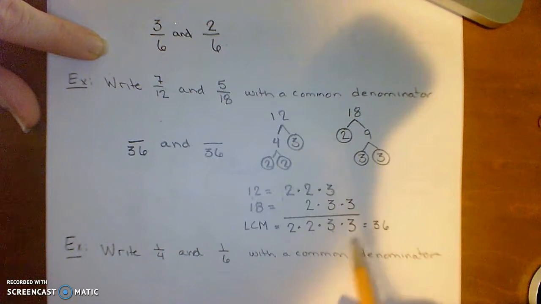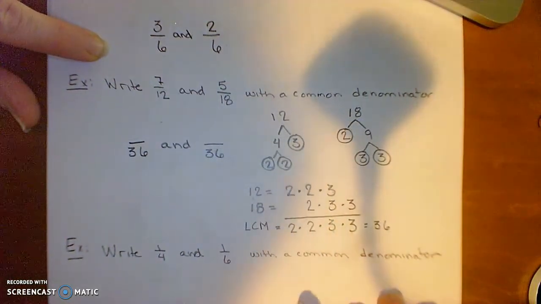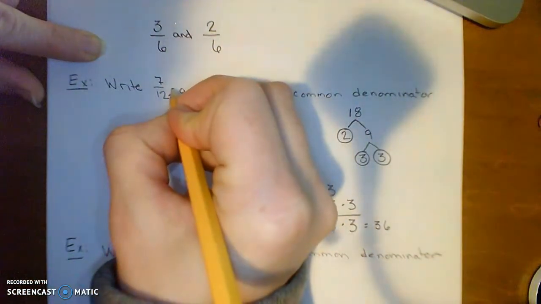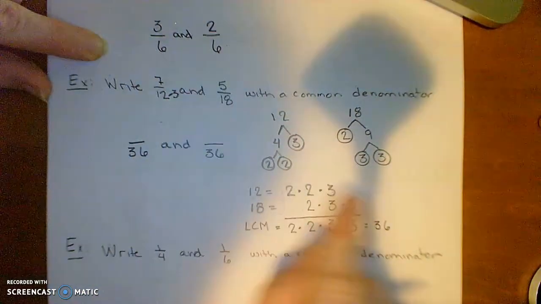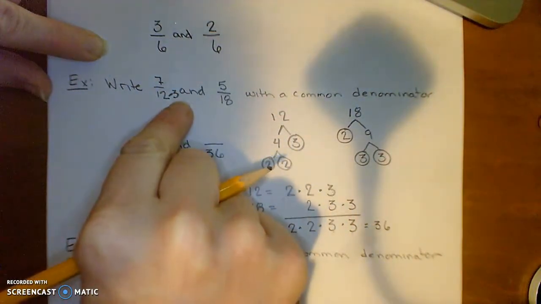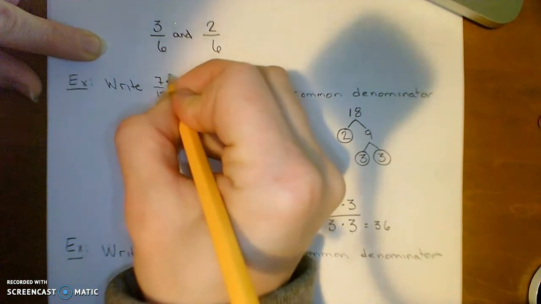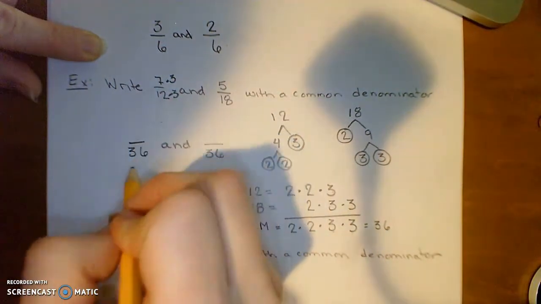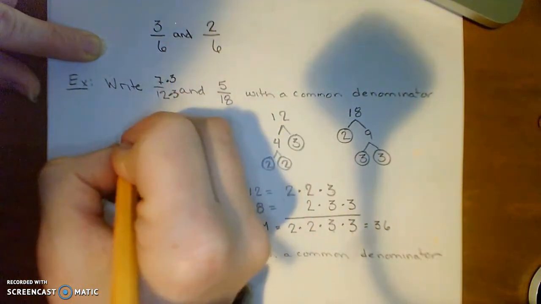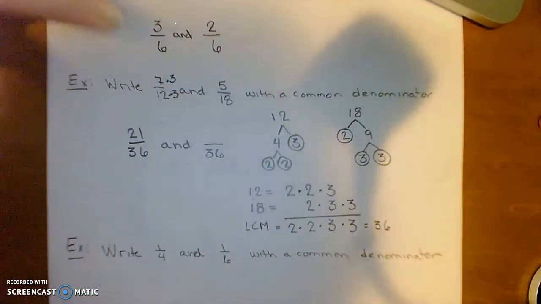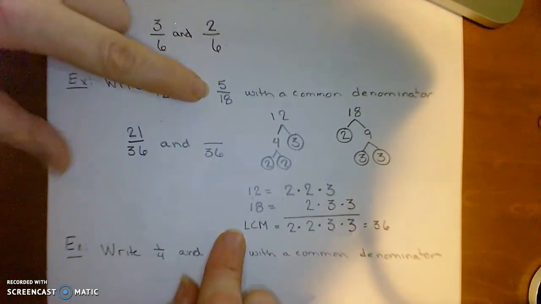I was only missing that factor 3. So that's one way I can look at the prime factorization to help me figure out what I have to multiply by. 12 times 3 is 36. 7 times 3 is 21. So 7/12 becomes 21/36.